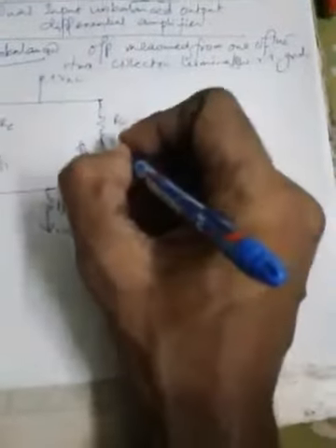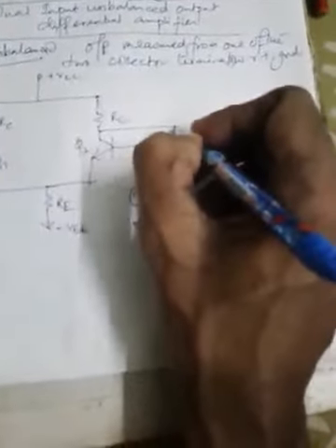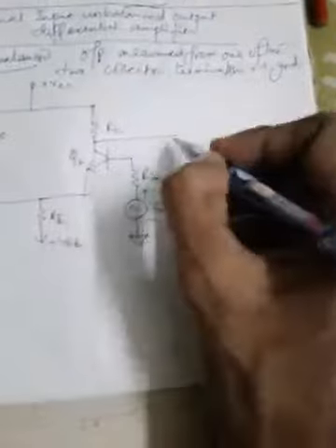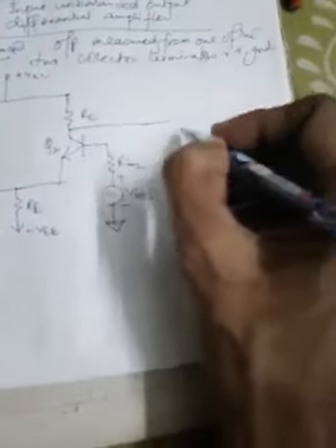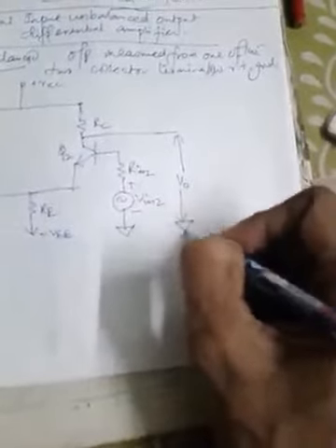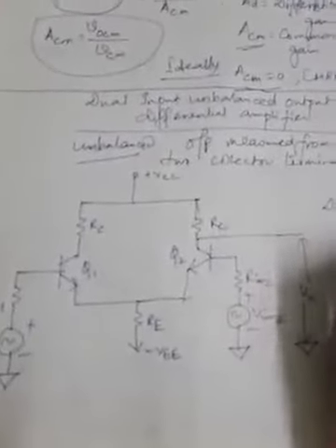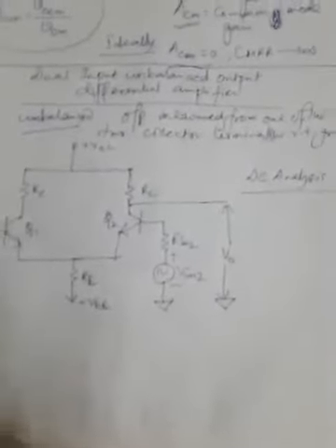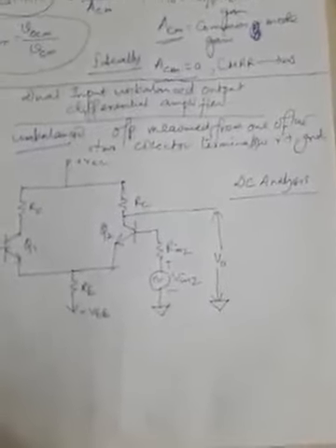For this particular case we are considering the output measured from the collector terminal of Q2 with respect to ground. So this is the output measured with respect to ground. Let us first do the DC analysis to find the DC voltage gain, input resistance and output resistance, likewise we have found for the previous case when it was balanced output.